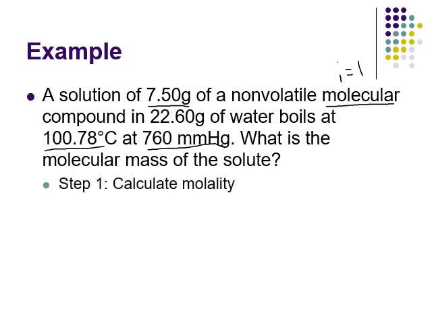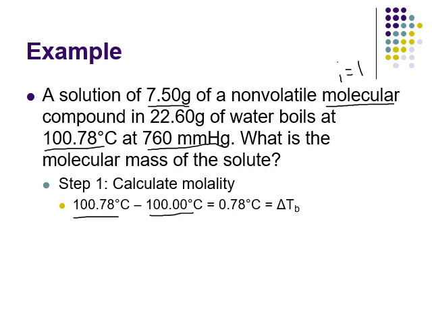So first thing we're going to do is calculate molality. I know that the delta T sub B is 0.78 because we were told this is the new boiling point, 100.78. We know that the original boiling point of water is 100, so the delta T sub B is 0.78. So we're kind of working backwards here.